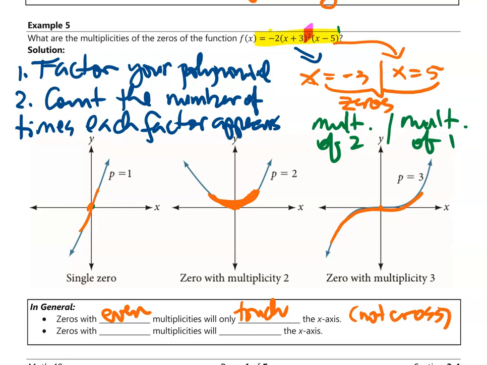And then zeros with odd multiplicities, like p equals 1 and p equals 3, will cross over the x-axis. That's why you have this and you have this. So don't forget even and odd multiplicities.